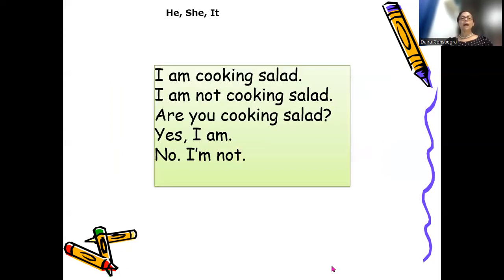And here we have another example. I am cooking salad in the affirmative form. When I want to make it negative, I say, I am not cooking salad. No estoy cocinando ninguna ensalada. If someone asks me, are you cooking salad? I say, yes, I am, or no, I am not. Sí or no. That's the way in which you answer.